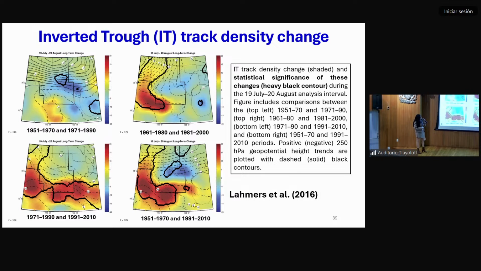They say that the inverted troughs are going to be more active here southwards, mainly located over the Baja Peninsula and the Sinaloa region. And it's hypothesized in this paper that this is due to a strengthening of the anticyclone that is located here.